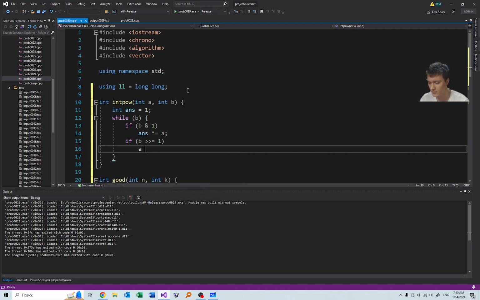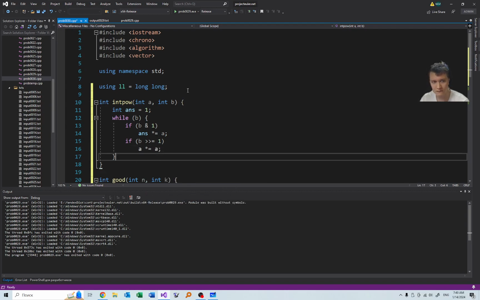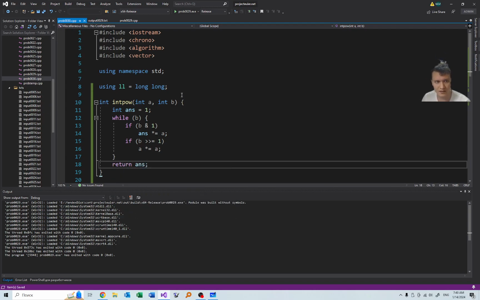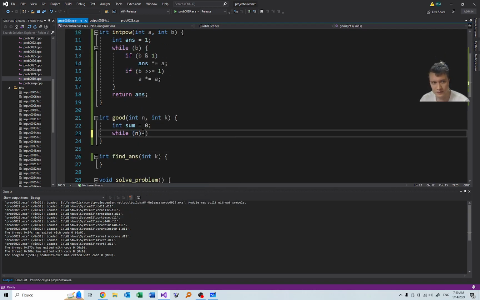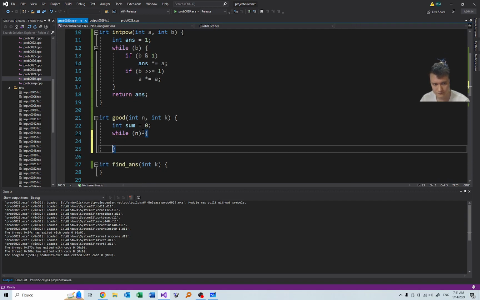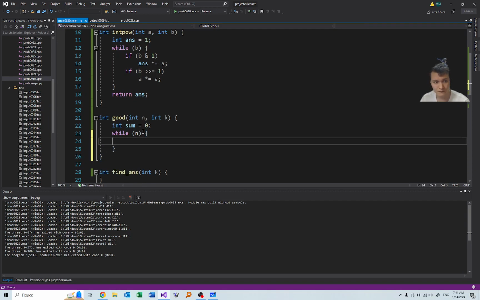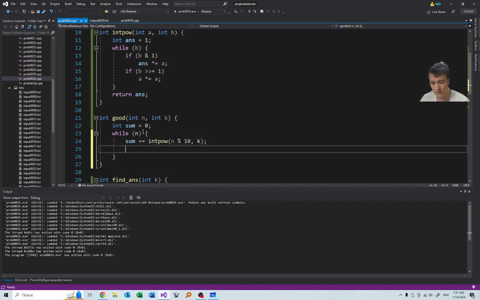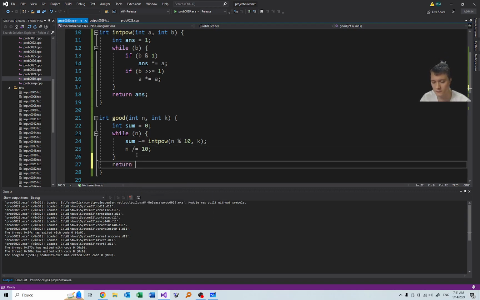We multiply a by a, finally we return answer. While n, we say that sum plus equals int power of n % 10 and k, and n is divided by 10. We return sum.